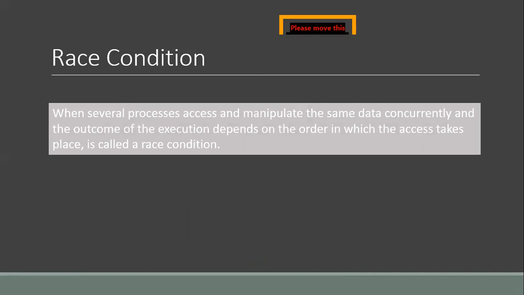A scenario where two processes were manipulating the same shared data, that is the counter value, concurrently. And the outcome of the execution, that is, the final value in the counter, depends on the order in which the access takes place.